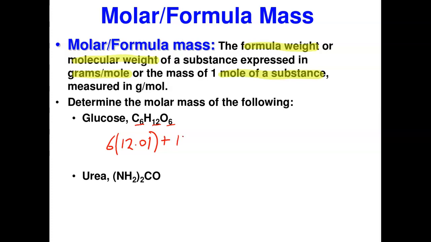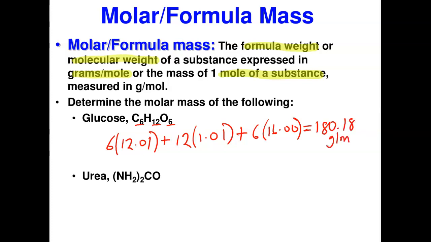But how many atoms do we have here? We have 12 of them. We multiply that by 1.01, plus there are 6 atoms of oxygen, and each atom of oxygen weighs 16.00. If you do your math correctly, you're going to get 180.18 grams per mole of this substance.